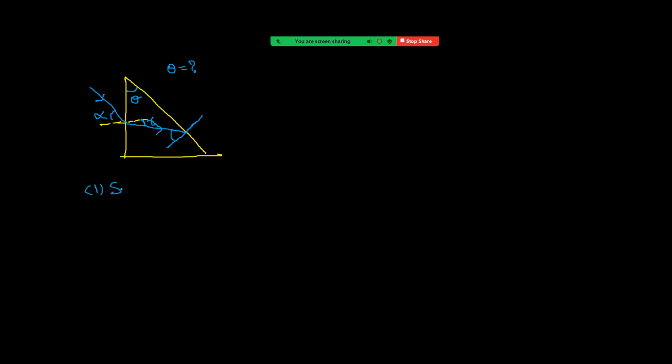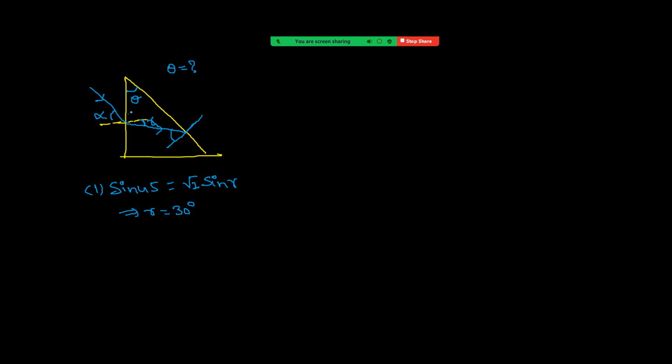Mu1 is 1, sine 45. Mu1 sin i equal to mu2 sin r. Mu2 value is given as root 2. So it is 1 by root 2 and root 2 here. That implies R value 30. So angle of refraction is 30.